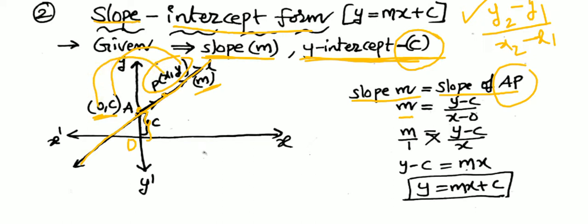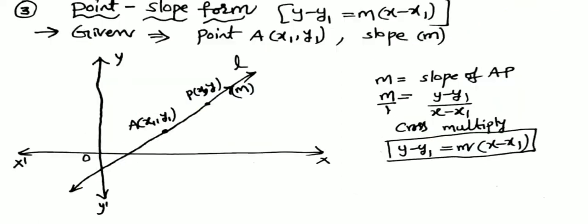Let's simplify. m = (y - c)/x. Take m as m/1 and cross multiply: y - c = mx. So y = mx + c. This is the very important form where m is the slope and c is the y-intercept. Hope you understand. Let's see the next one.